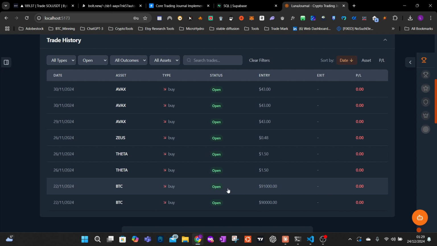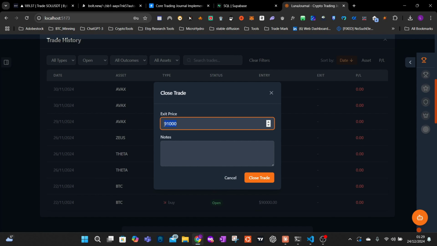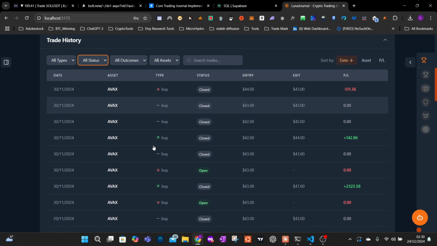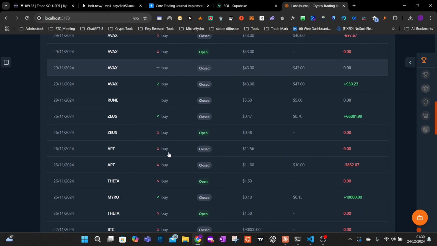And then BTC. Close this one at 95, 93. And then this one, let's say we took a hit. And let's say we close it, so it's 9, 1, 2, 3. If we close, I still have that one.